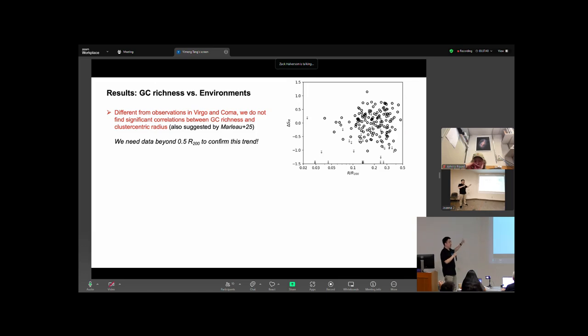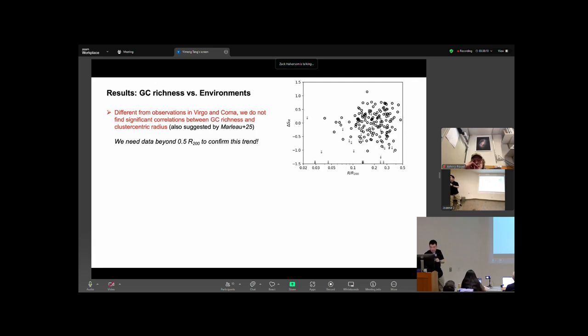There's a warning: we only have data within 0.5 virial radius, so we definitely need data beyond that radius to confirm this trend. But if you only plot the data within 0.5 virial radius for Virgo, you'll see the trend. So that definitely means there's a difference between Virgo and Perseus.